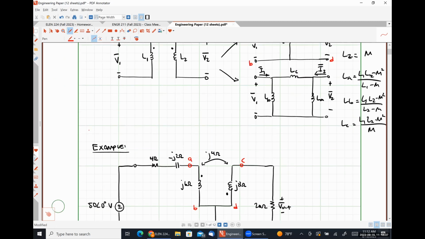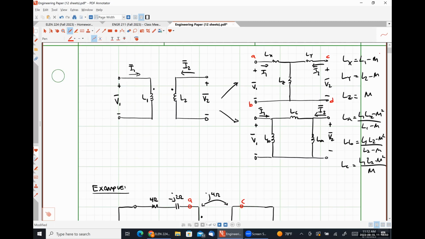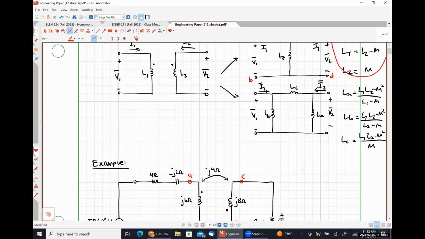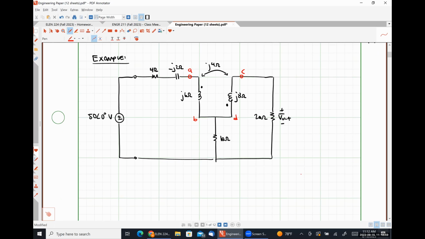So since my dots are on opposite sides, everywhere we have M, we replace it with minus M, okay? So what we should wind up getting is something that looks like this.